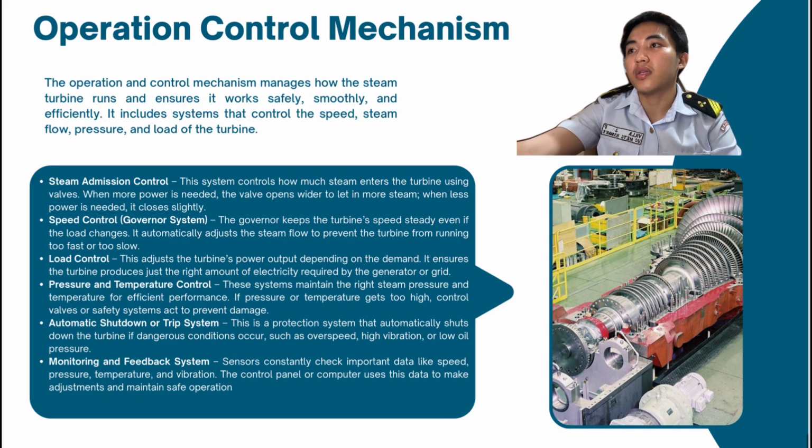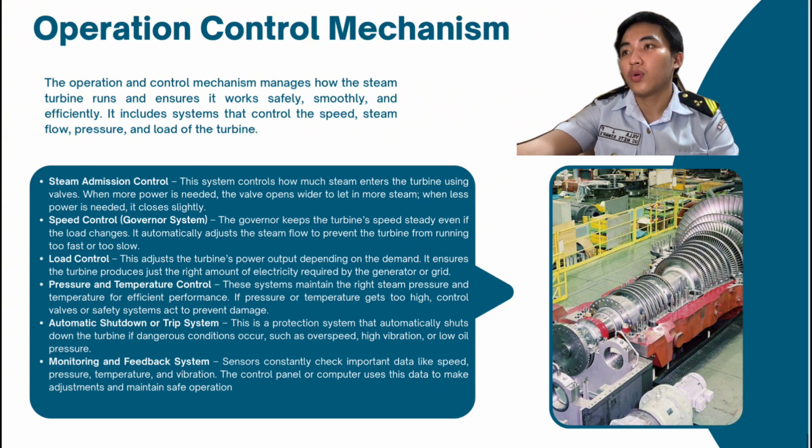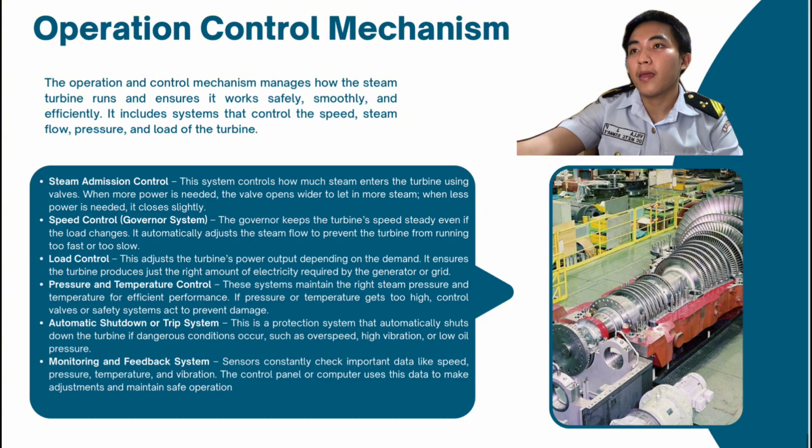When less power is needed, it closes slightly. So number 2, speed control governor system. The governor keeps the turbine's speed steady even if the load changes. It automatically adjusts the steam flow to prevent the turbine from running too fast or too slow.